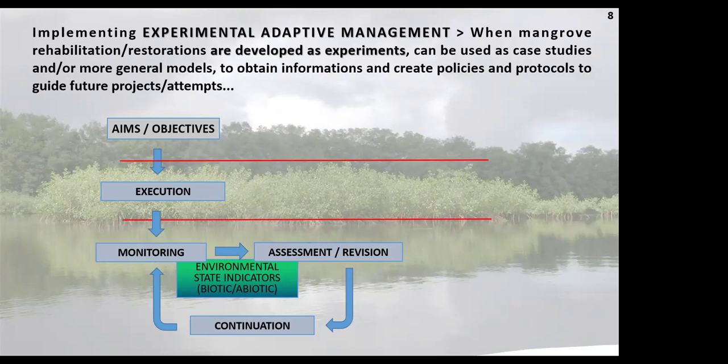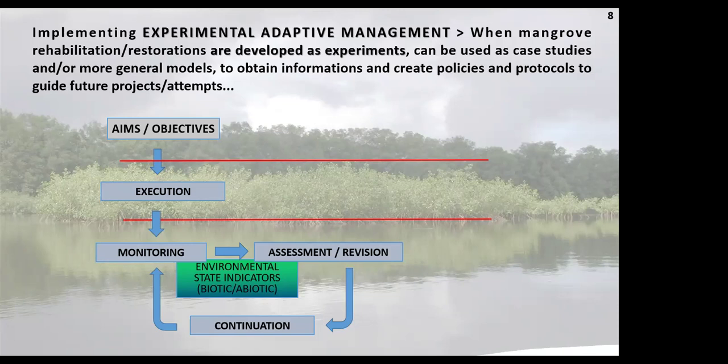You want to restore a mangrove to preserve the area. You want to restore the mangrove for the return of the biodiversity. You can combine several aims with that. But the most important thing is the clear objective of the project that you are executing or that you will execute.